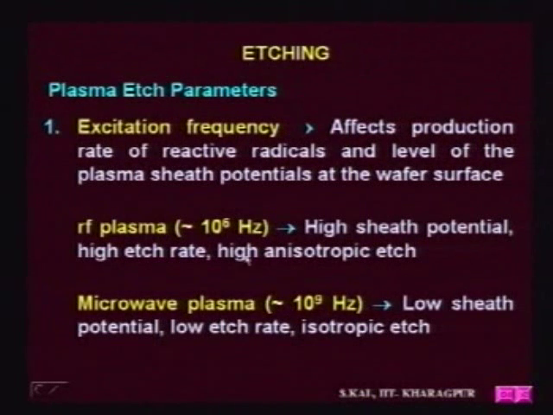That is the difference between RF and microwave plasma. If we increase the frequency, the seed potential becomes lower, the etch rate is again lower, and the etching is isotropic. So, these are the excitation frequency parameter and its effect on the plasma and etching properties.